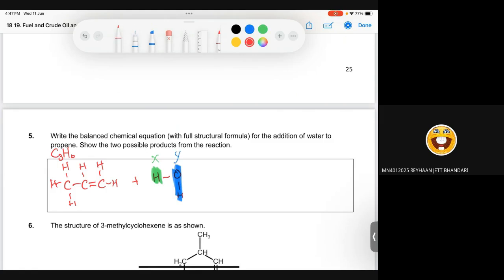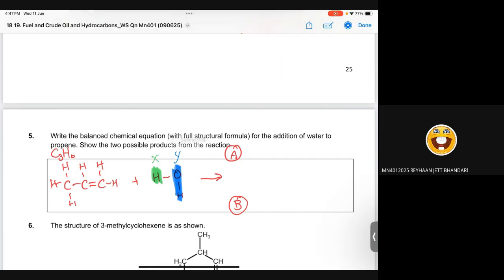So with this, what are the two possible products formed? I got A, I got B. Give me one of them, Ryan. If I add water, then what's going to happen? What's after the addition of water? Is it like the double bond will break, then you put below?